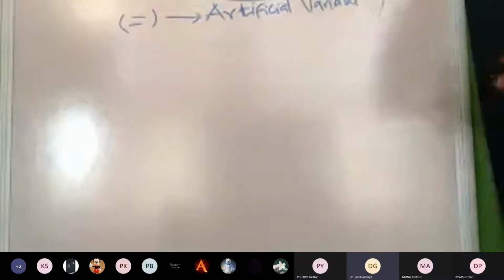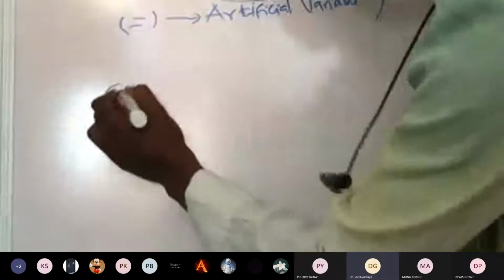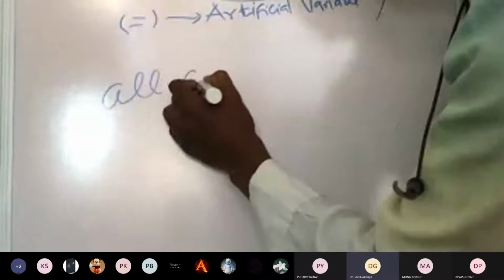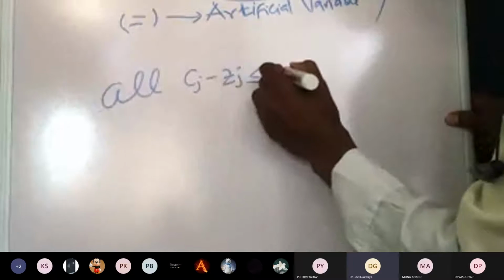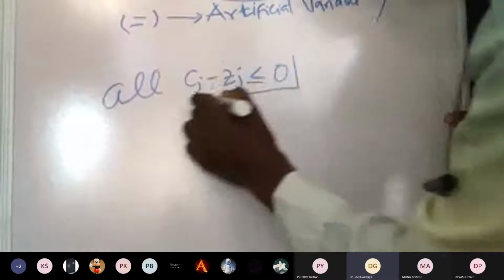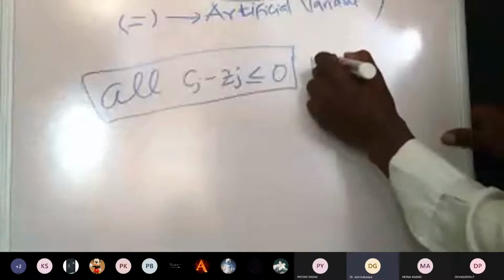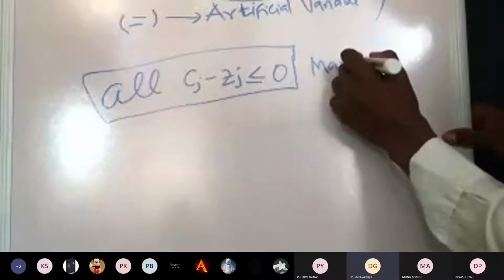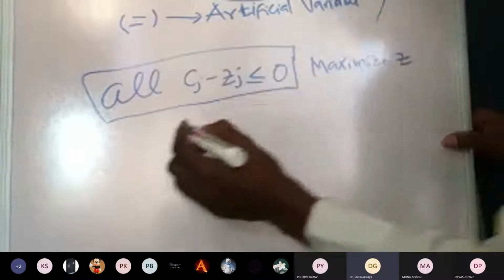So this is what I was saying, the point which you have to mark, and to emphasize before we look at the artificial variables. Remember, when all Cj minus Zj are lesser than 0, we mean that the objective function is maximized Z. This is a point to note.